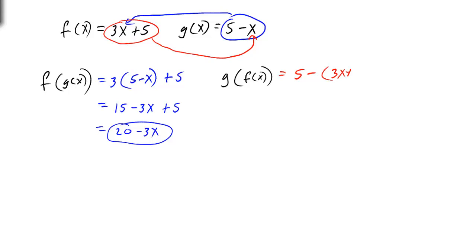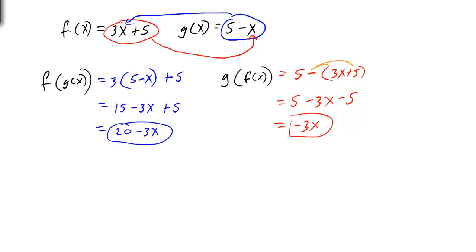And notice I'm using parentheses because we have to distribute this negative sign. It's going to be distributed to everything inside of the parentheses. So we would then have 5 minus 3x minus 5. And here the 5's are going to cancel out, and we're simply left with a negative 3x. So again, all we're doing is substituting one function into another function.